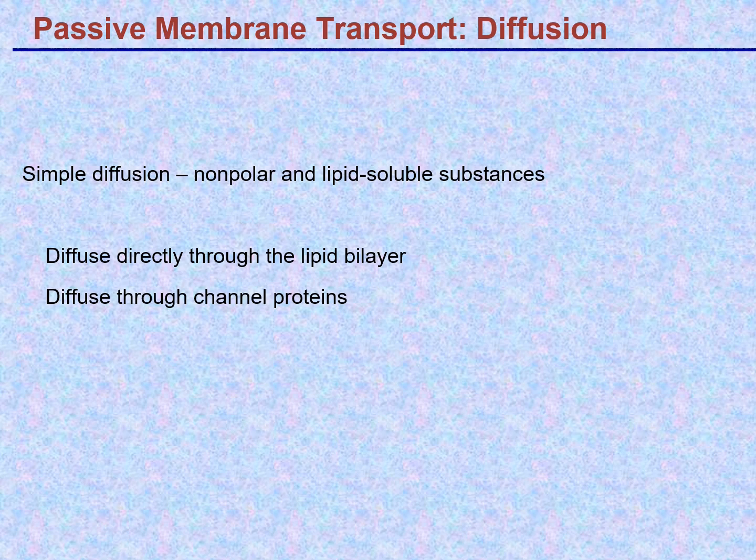Nothing prevents them from moving across. They just move straight across, all driven by concentration gradient. They go from areas of higher concentration to areas of lower concentration. So they can diffuse directly. Some do diffuse through channel proteins, but most would diffuse directly through the lipid bilayer.